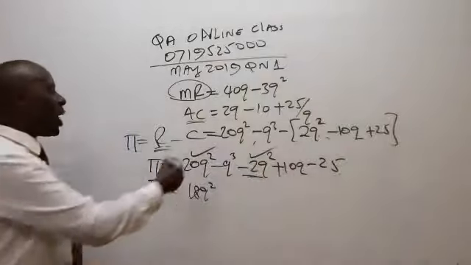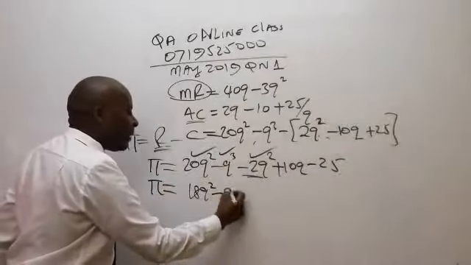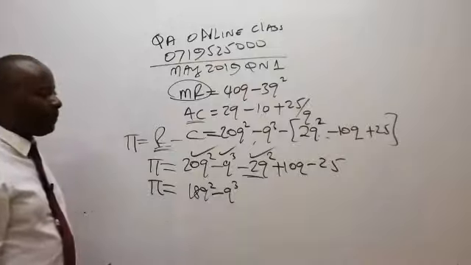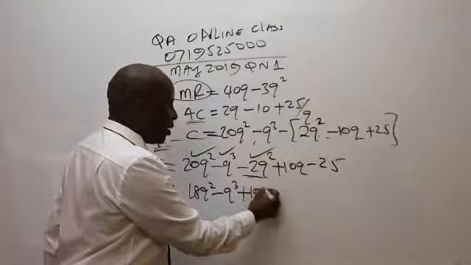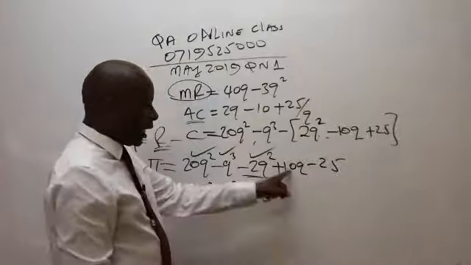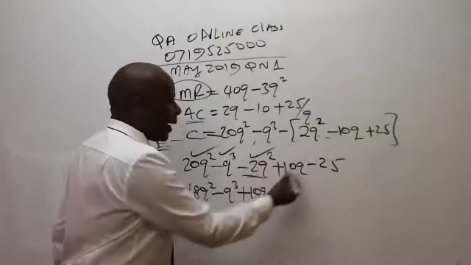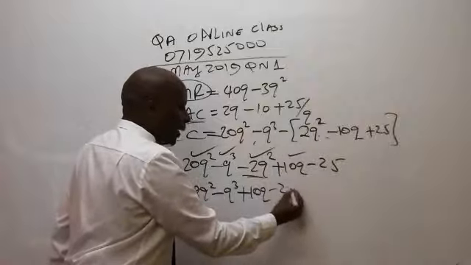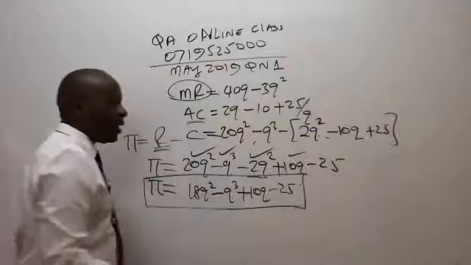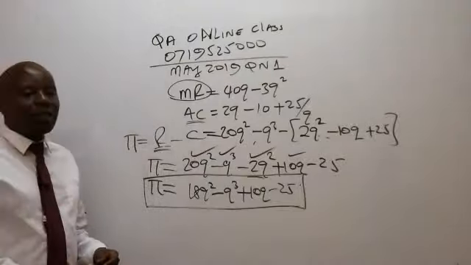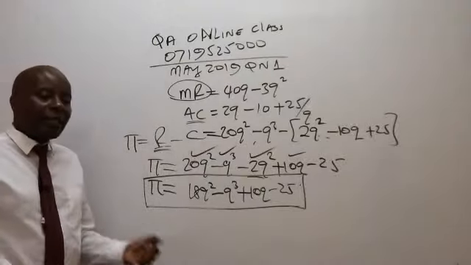What I need to do is to tick it there. And then I say minus Q cubed like that. Ladies and gentlemen, from there, we have plus 10Q here, because also it doesn't have a like term, and minus 25 like that. So that is it. This is our profit equation, which this examiner wanted us to ascertain.